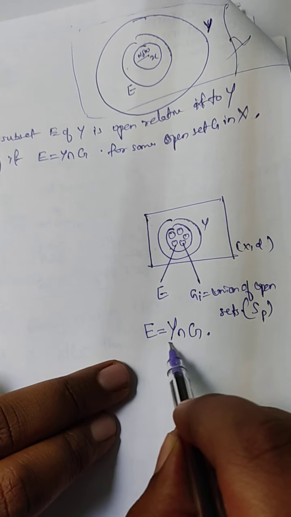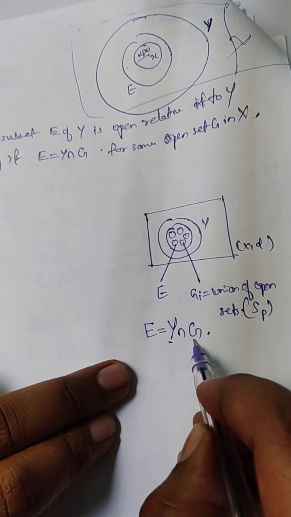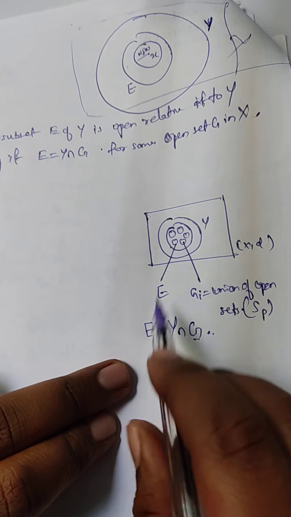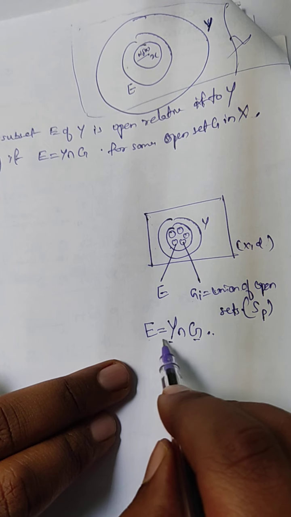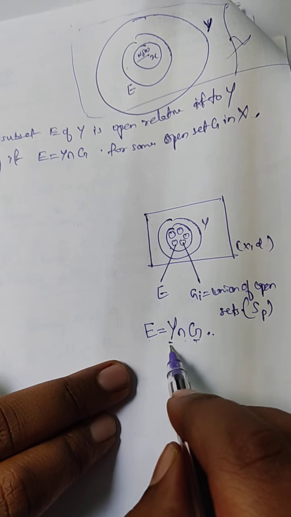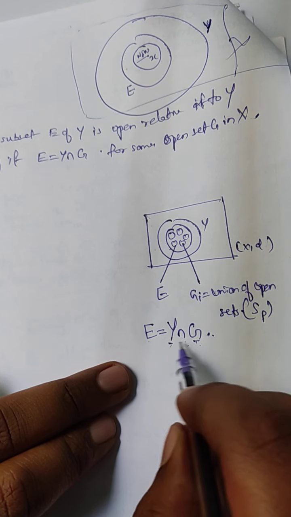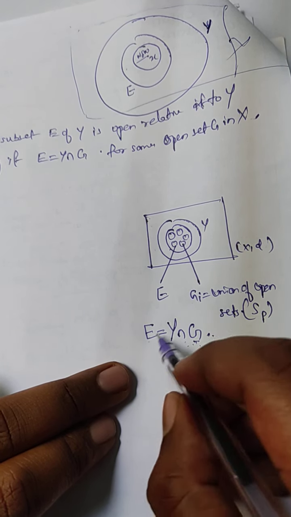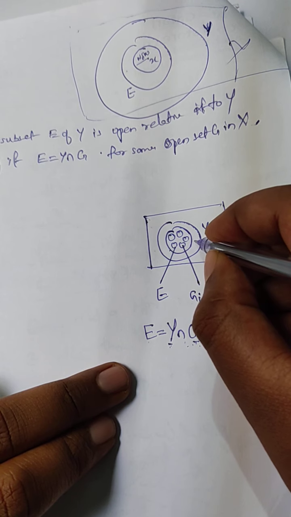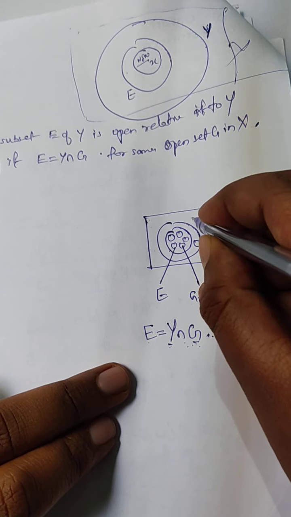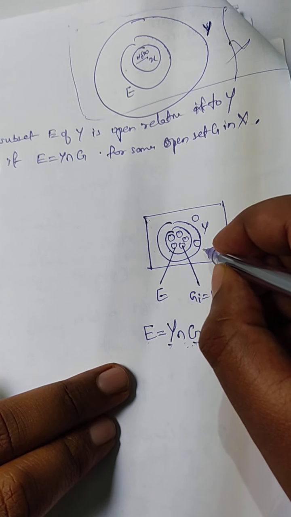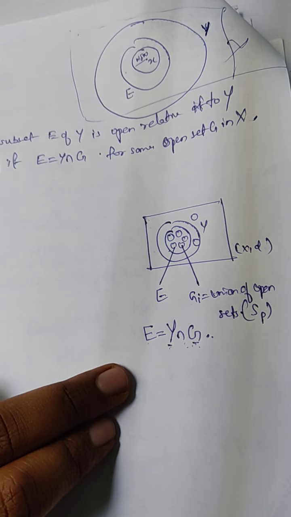There are some open sets in Y and there are some open sets G in X. We get E by intersecting the open sets belonging to Y with the open sets belonging to G. When we intersect these two, we get E. So this is pretty much Y intersection G.